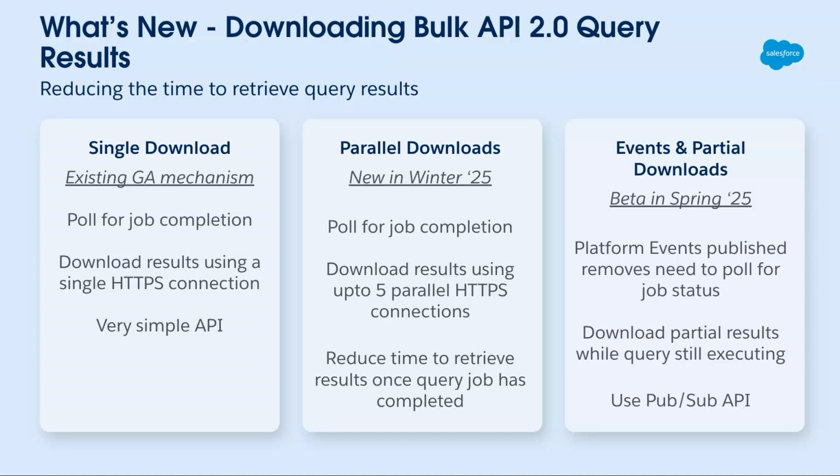So you can now start to download results while the query is still executing and extracting data out of the database. You can do this in parallel, which is going to drastically reduce the total time. The caveat is, you now have to use the Pub/Sub API in addition to the Bulk API 2 API, because we are publishing platform events.